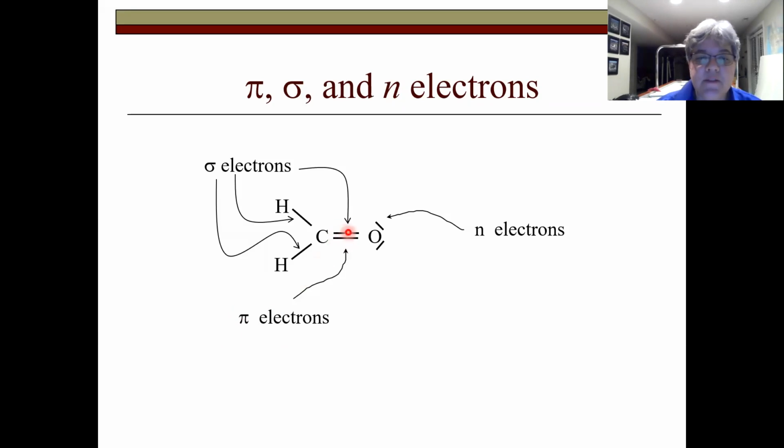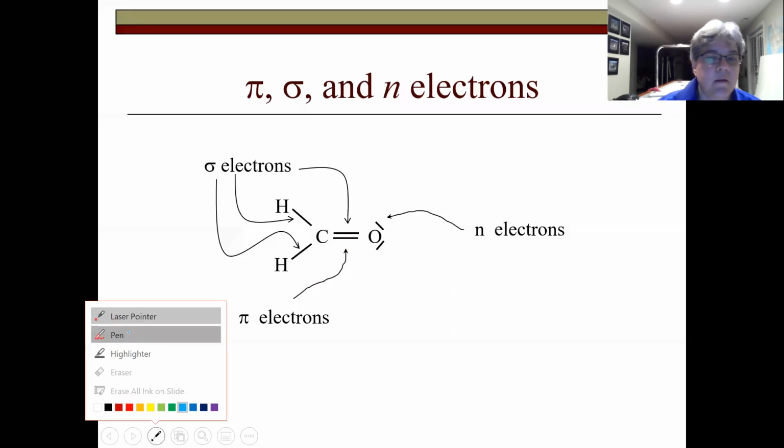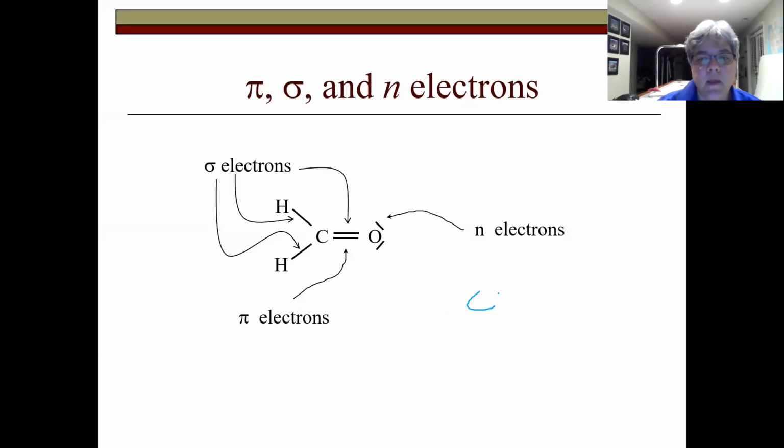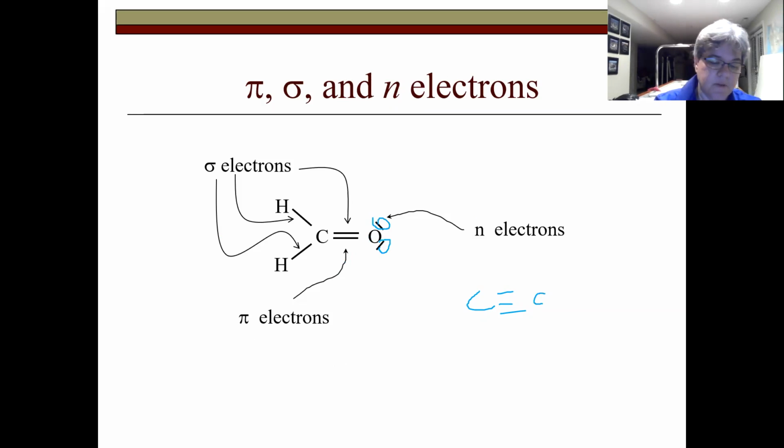So that would be, for instance, this pair of, well, I guess in this picture they're saying this one, so that second set of electrons. Or if you have one of those is a sigma, the other 2 are pi. So it's those electrons that are absorbing. And then finally, the N electrons, that's the lone pair. So that would be like these electrons, or those. Those are absorbing the light.